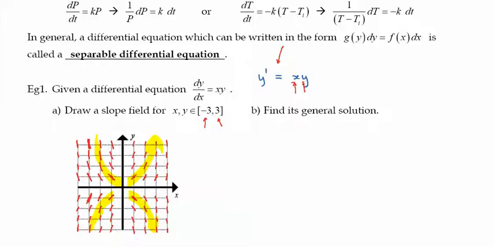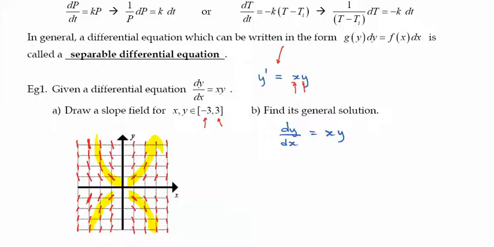And I can actually find the general solution by solving this equation, dy/dx equals xy. In order to solve this differential equation that involves derivatives, we're going to integrate this equation. But in order to integrate it, we need to separate the variables first.